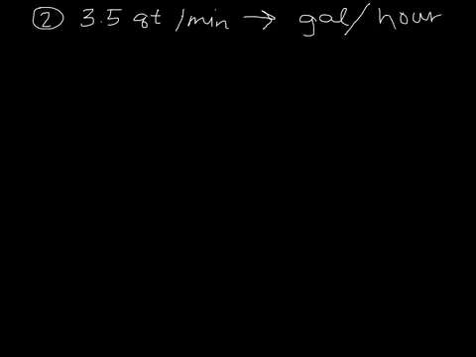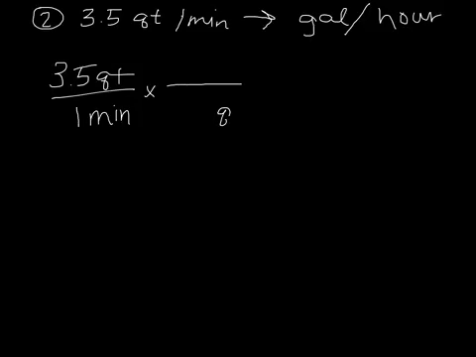Okay, so I'm going to start off with 3.5 quarts per 1 minute. I can choose what I want to do first. I'm going to get rid of the top first. So I'm going to put quarts on the bottom and gallons on top. Now we just have to see how many quarts are in a gallon. And there are 4 quarts in 1 gallon.